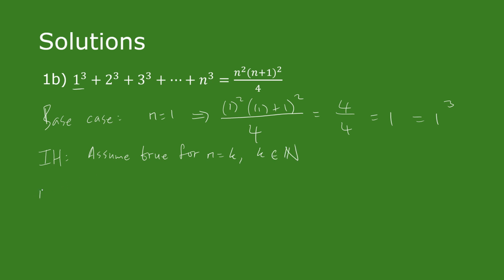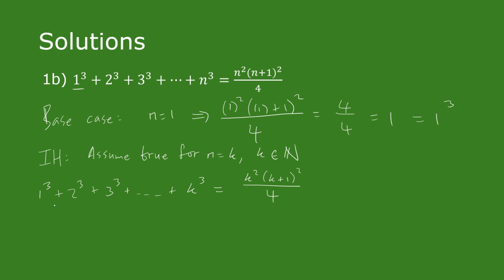So now what we have is 1 cubed plus 2 cubed plus 3 cubed plus a whole lot of other terms cubed plus k cubed, and this is equal to k squared into k plus 1 all squared over 4. Now we have to show that this is true for k plus 1.